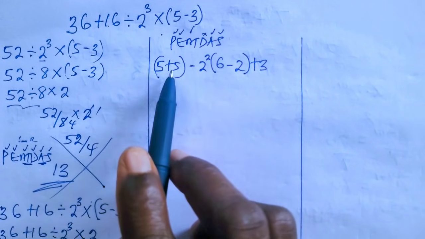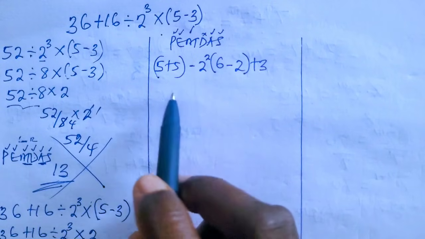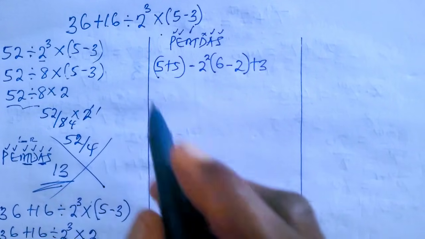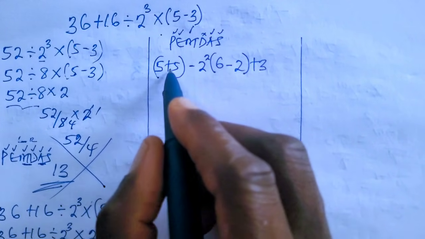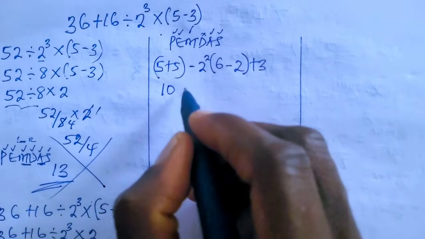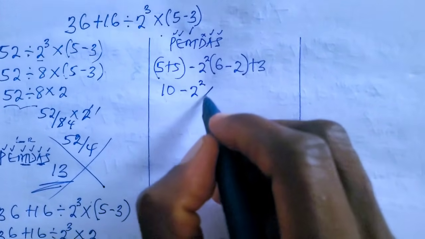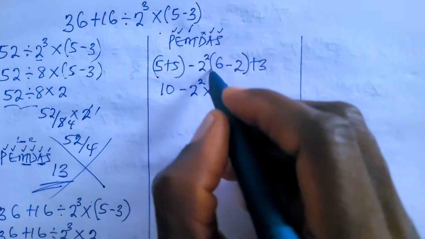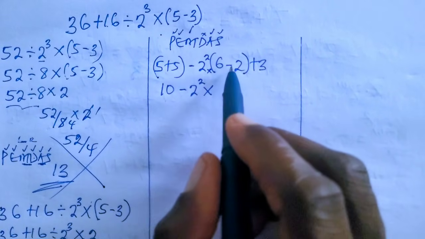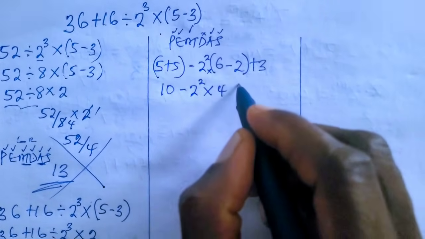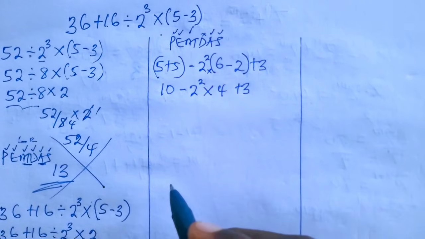You are going to simplify the terms inside the parentheses first, and here we have two parentheses. First we have 5 plus 5, that will give us 10, then minus 2 to the power of 2, and multiply by 6 minus 2, that gives us 4, then plus 3.